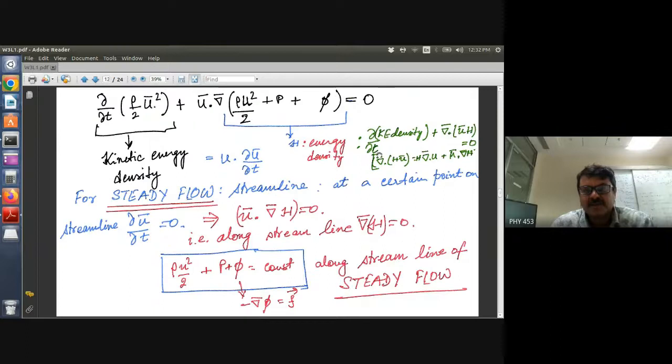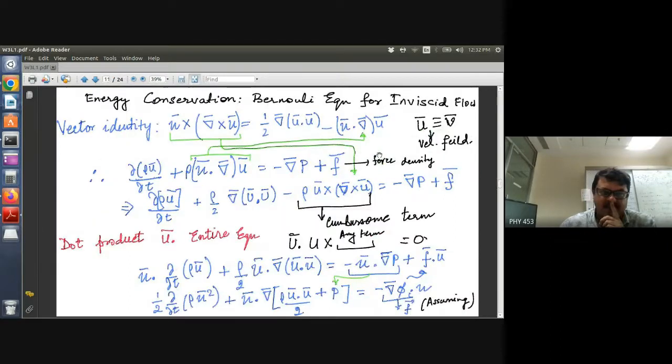So I'll also just continue with this. Basically, there is a vector identity, U cross curl of U, and this is something like this, right? And U here stands for the velocity field of the fluid.